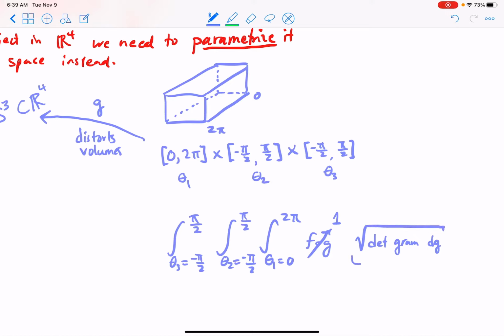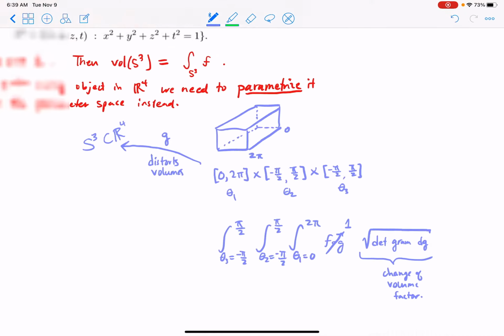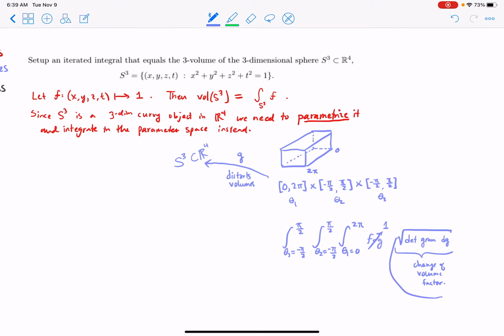Okay, and so this is the change of volume factor. Okay, that is the only thing we need to figure out. Once we have this, we immediately will be able to write down this integral. Well, once we have this map. Okay, so there's two things we need to figure out. We need to parameterize the three-dimensional sphere, and we need to compute this volume correction.